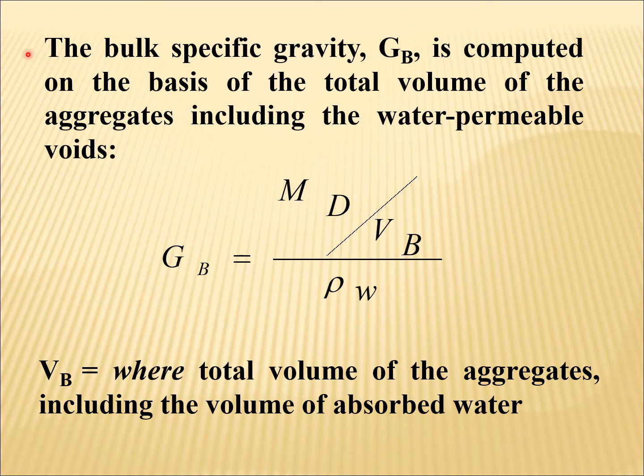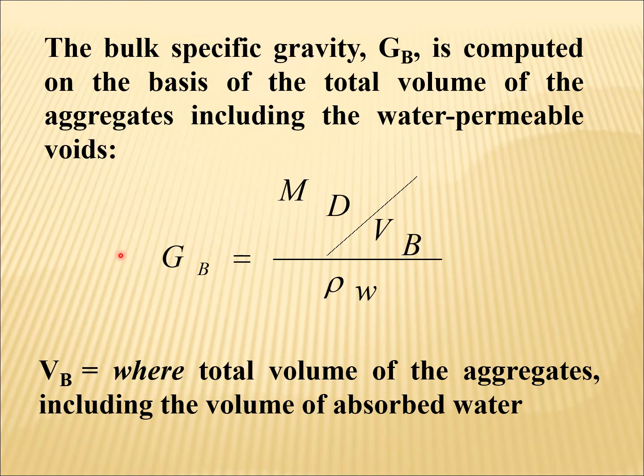The bulk specific gravity, which may be denoted by G sub B, is computed on the basis of the total volume of the aggregates including the water permeable voids. So here we are going to consider the total volume, that is the bulk volume you can say, and obviously we are going to include the water permeable voids. So this is the formula.